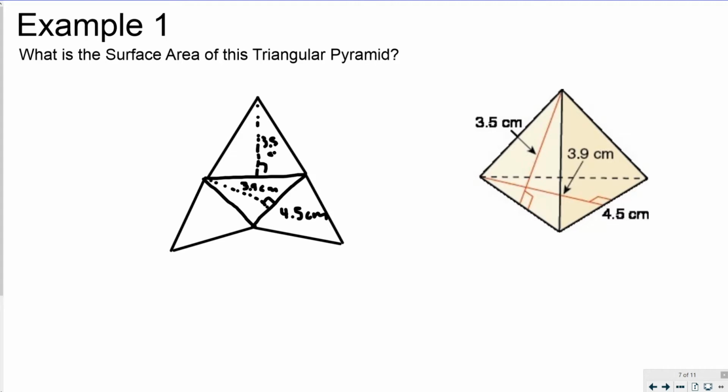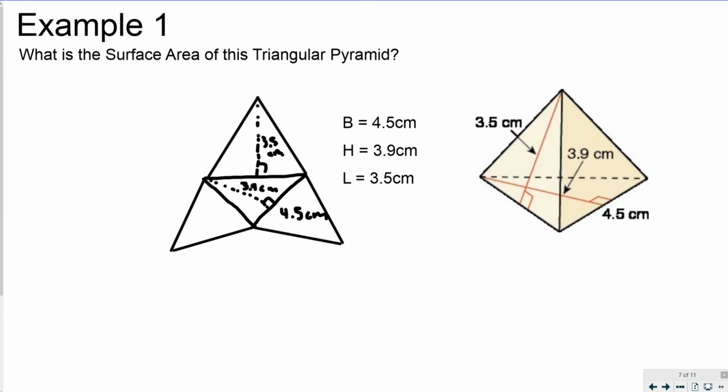So the information that I am able to get out of this is that the base is equal to 4.5 centimeters, that is the length of one of the bases. The height of the base is 3.9 centimeters. And the lateral face, L, has a height of 3.5 centimeters as well.